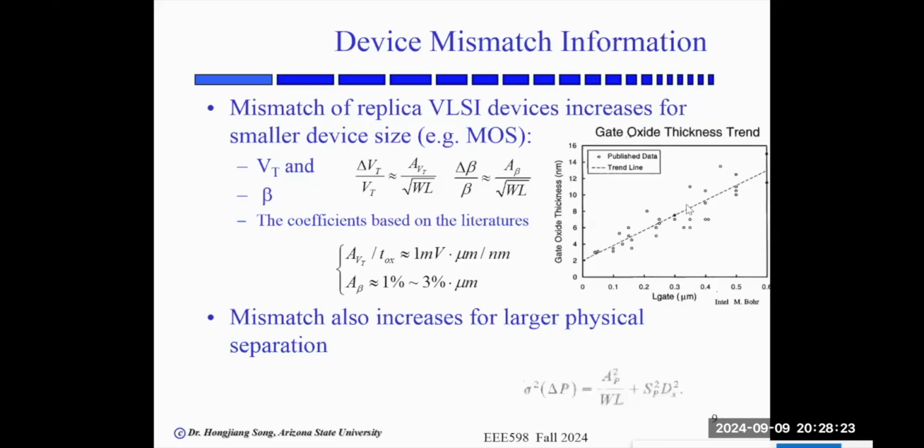So this comes back to this equation. If you look at any parameter p, the standard deviation depends on, of course, this parameter could be VT or beta, the size of the device. Larger size is smaller, at the same time, or depends on the distance.